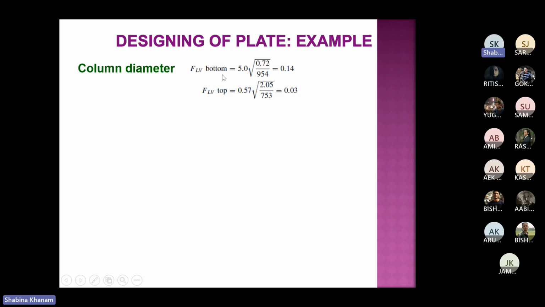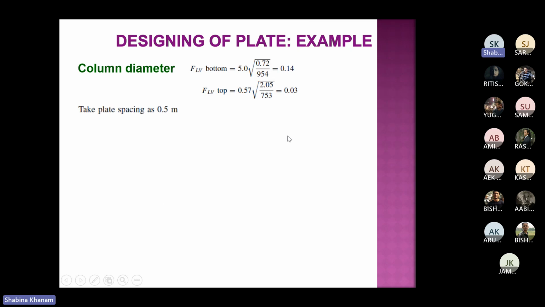This FLV you need to calculate at top and bottom, and that is nothing but L by V. So for top and bottom operating lines, these are already given. We have the densities. FLV expression we have seen in the last class. So FLV for top and bottom you can find like this.